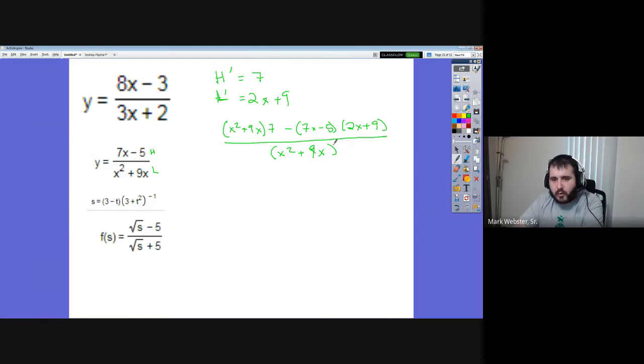And as I said before, the AP exam is not going to penalize you for not simplifying. You leave it like this, you have gotten your answer. Don't try and do anything special.